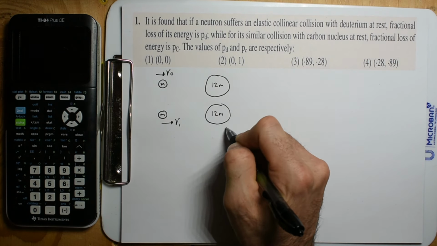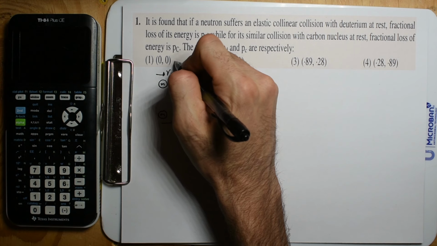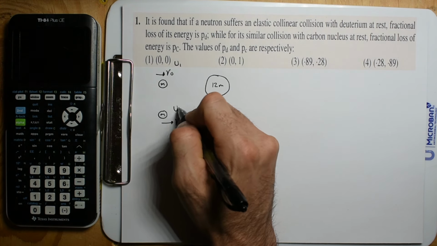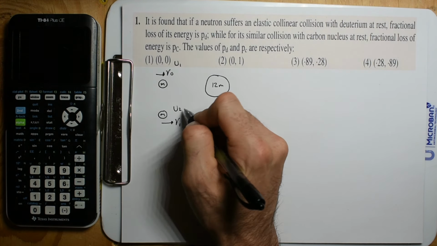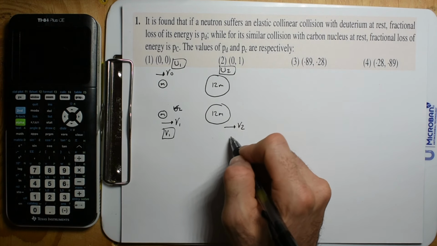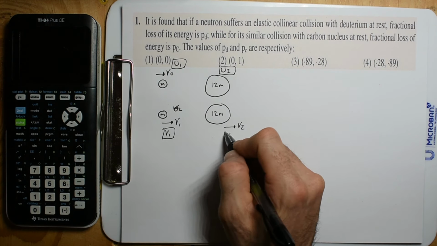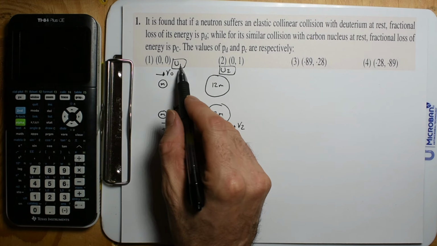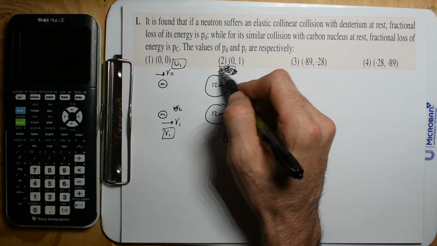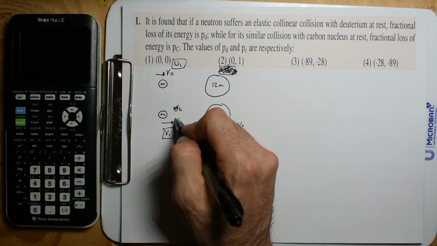If you were to do this by the book, you would call this velocity u1, and you would call this velocity u2. Then the final velocity would be v1, and the final velocity right here would be v2. Oh, okay, so they did it close enough to the book. Instead of saying this was u1, they just said v0, and this is 0 anyway. So now I'm a little bit more satisfied with their notation.